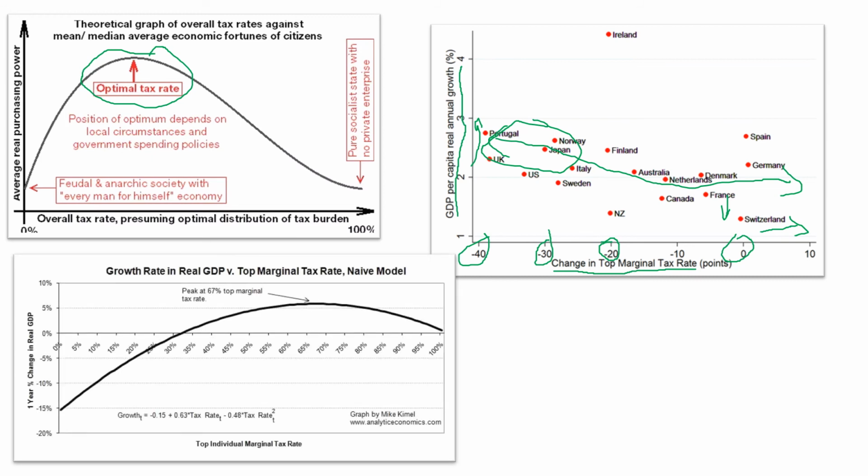On the other side, this analysis here is looking at changes in real GDP growth, and it concludes that the maximum rate of tax you can go to is about 67% top rate of tax before you start to see a decline in economic growth. It would suggest that anything below about 35% rate of tax would be correlated with negative economic growth.